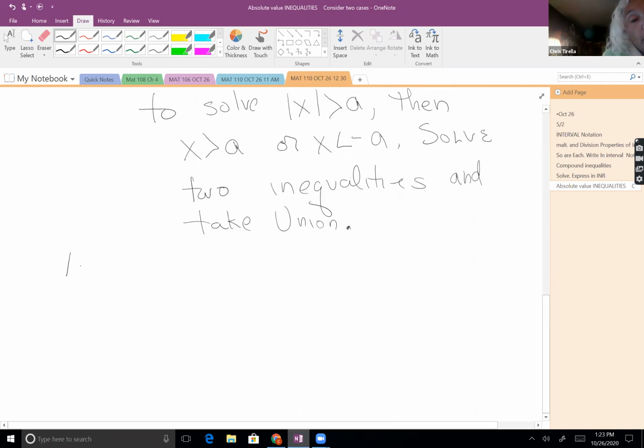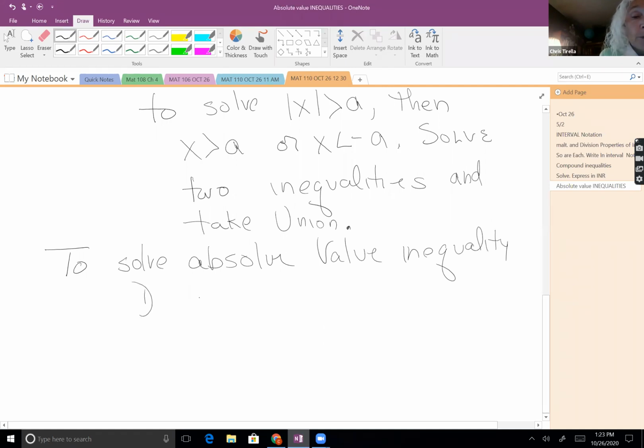Either way, to solve an absolute value inequality, the first thing that we need to do is isolate the absolute value.